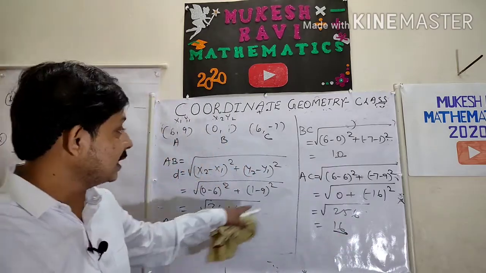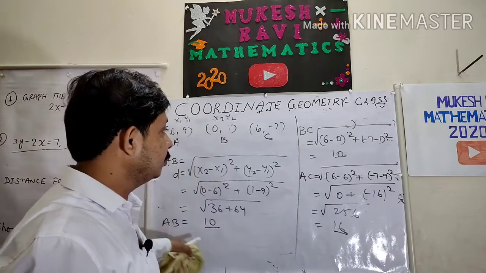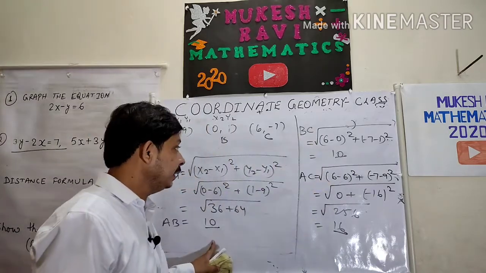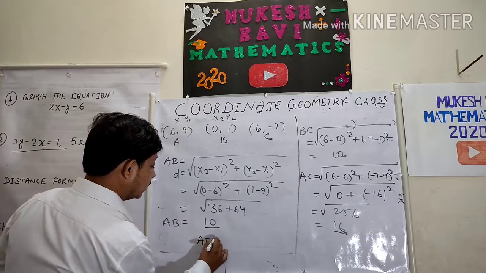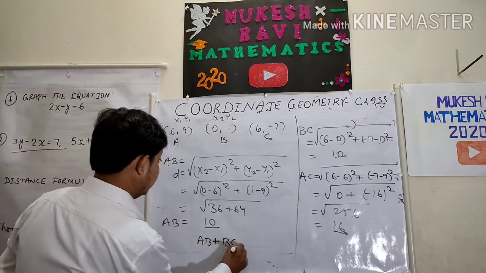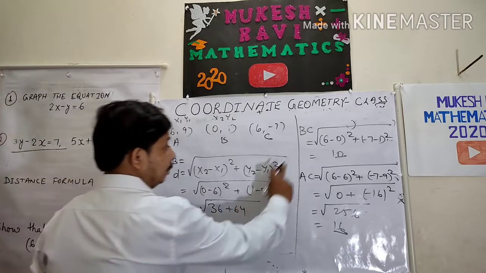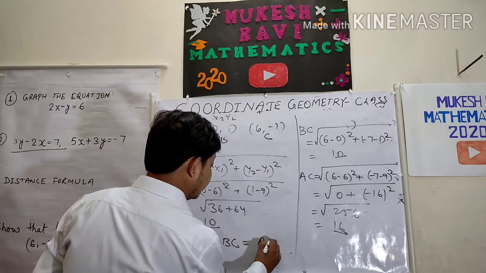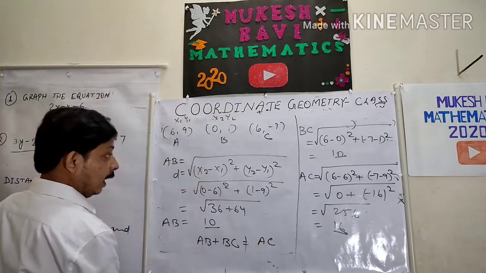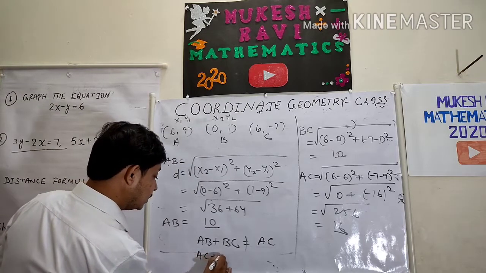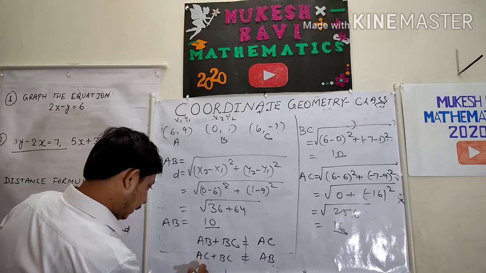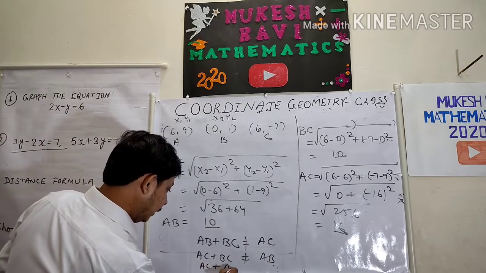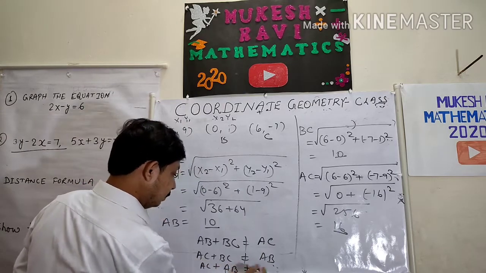We can say this is an isosceles triangle if we are going to make the triangle. But what happens if the sum of two, AB plus BC, is equal to AC? Here it is not possible. Again AC plus BC is not equal to AB, and AC plus AB is not equal to BC.